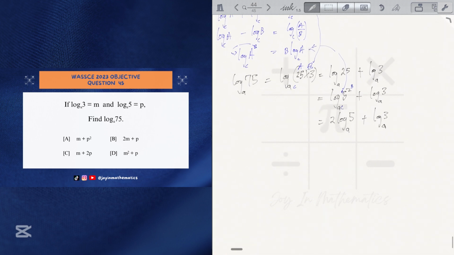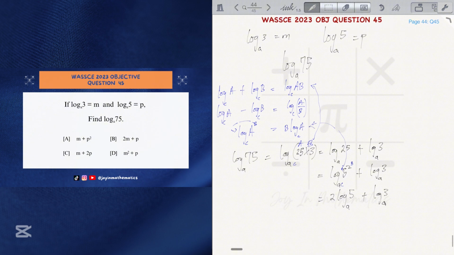Now if we go back to the question, it says if log 3 to base a is equal to m and log 5 to base a is equal to p, we should find log 75 to base a. So wherever we see log 5 to base a, we make the substitution of p, and wherever we see log 3 to base a, we make the substitution of m.